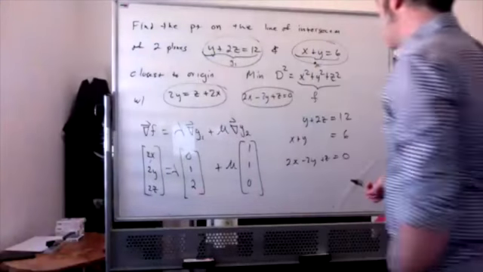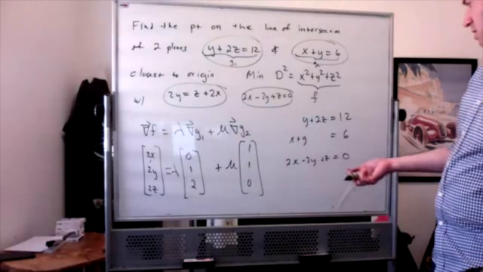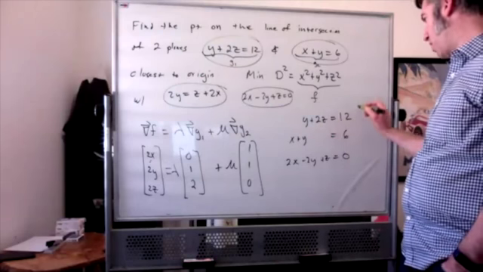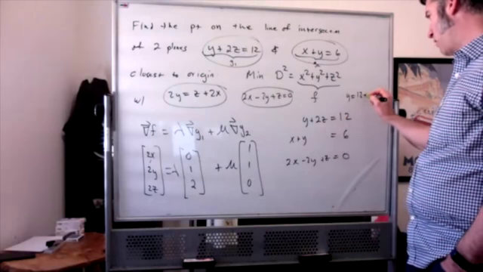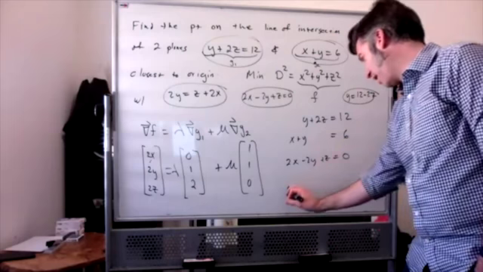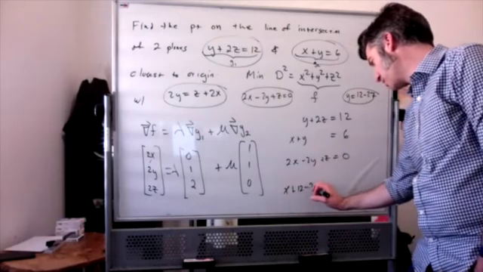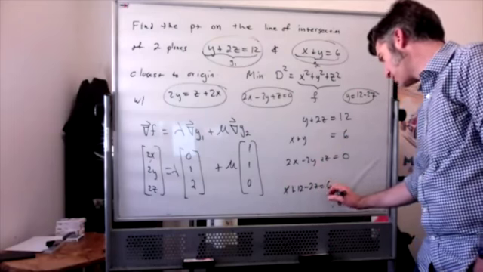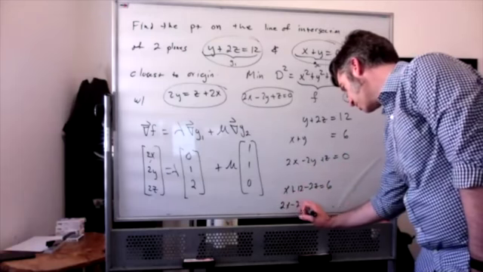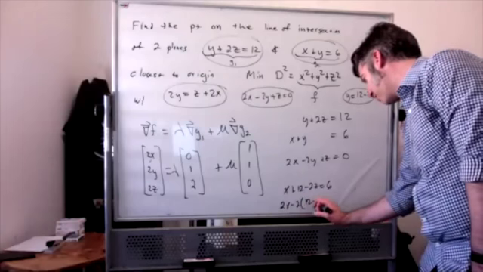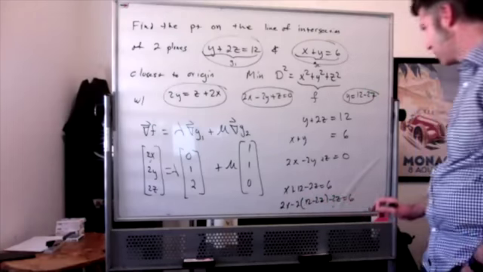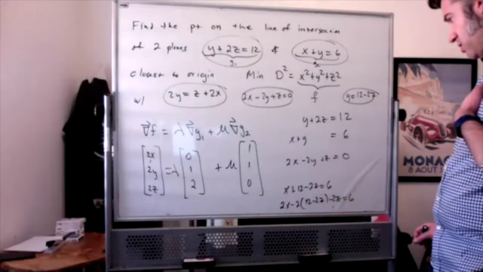So probably the easiest way to solve this is to solve this for y. So let's say y equals 12 minus 2z. Plug that in here and here. Then you've got x plus 12 minus 2z equal to 6.